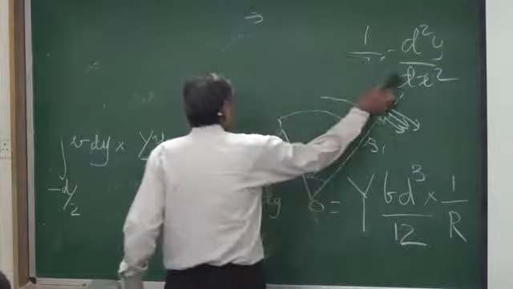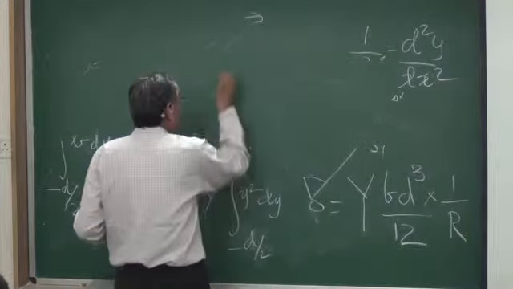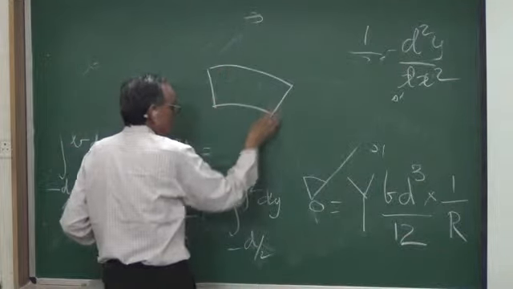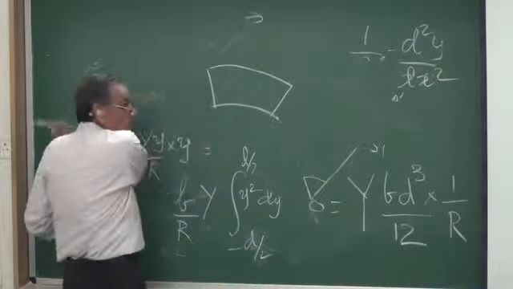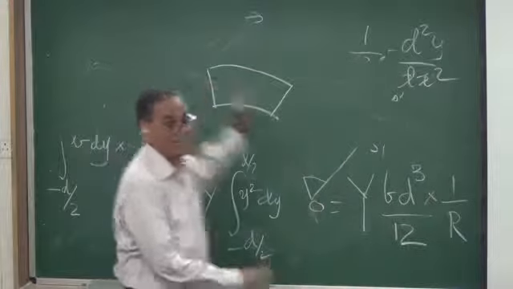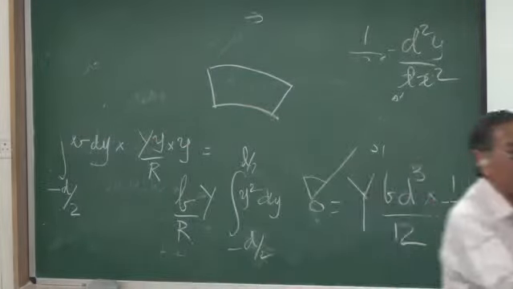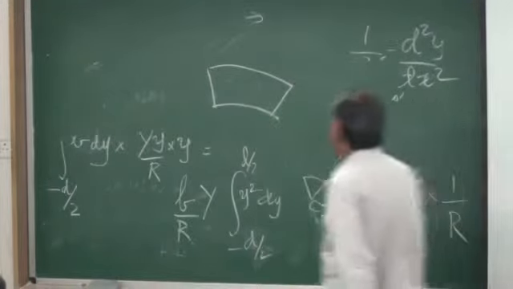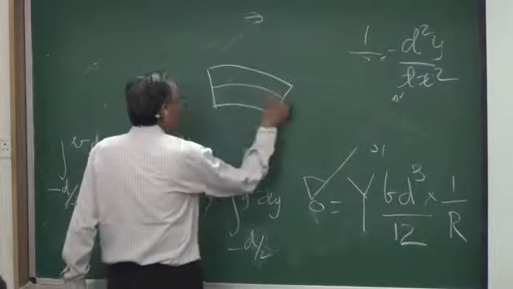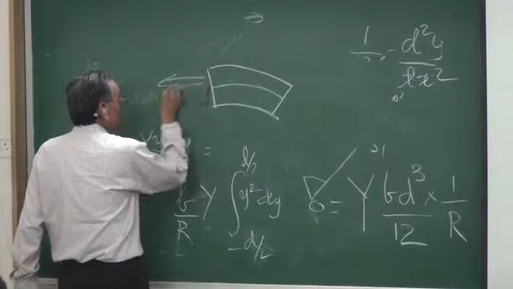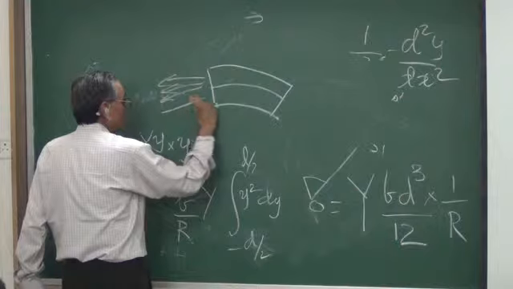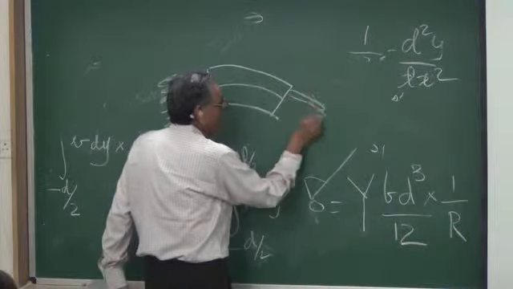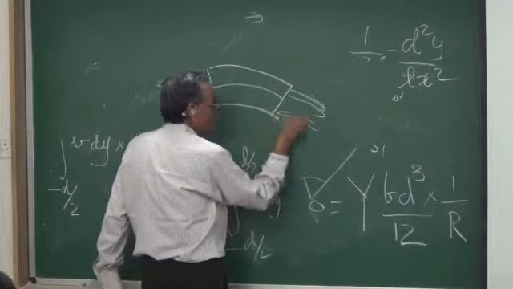So suppose you take such a non-uniform bending, and take two sections, a small length like this. Remove the left-hand part of the bar, replace it by tensile and compressive forces. For the left-hand part of the bar, this will be like this. For the right-hand part of the bar, this will be like this.